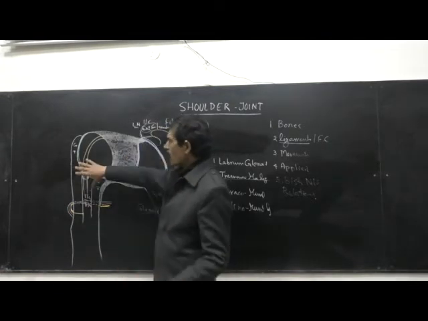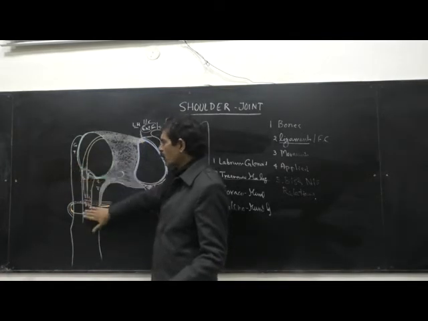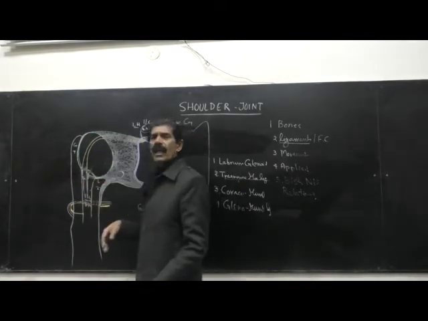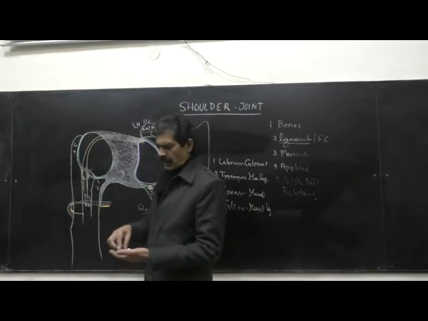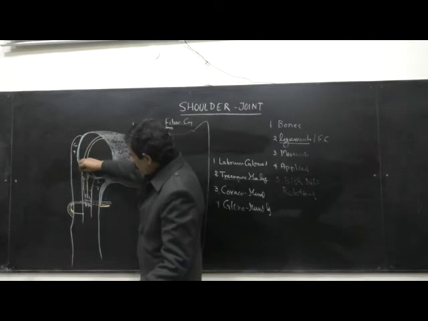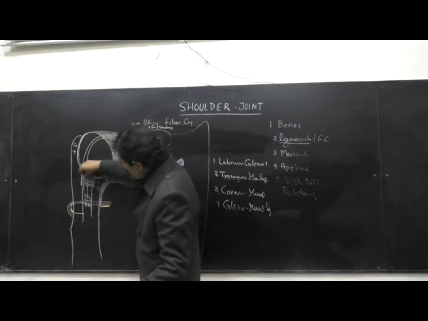Now this long head of the bicep is held in position in the intertubercular or the bicipital groove due to this ligament, the transverse humeral ligament. And this transverse humeral ligament is attached to the lateral lip and the medial lip of the bicipital groove superiorly.